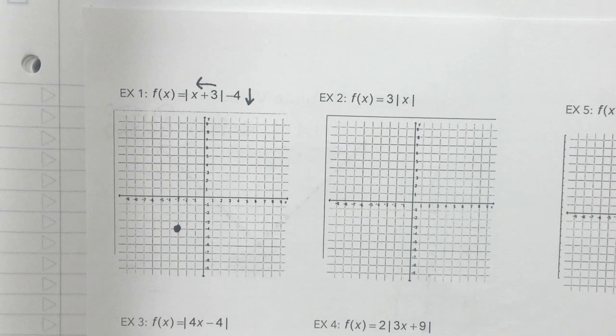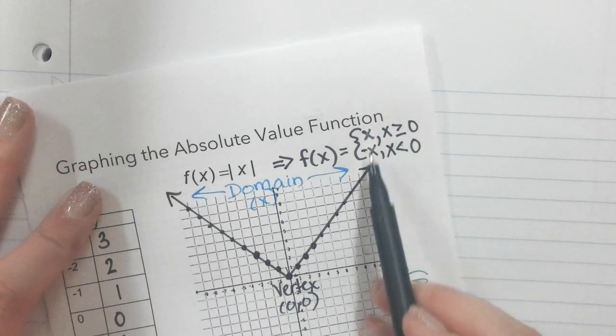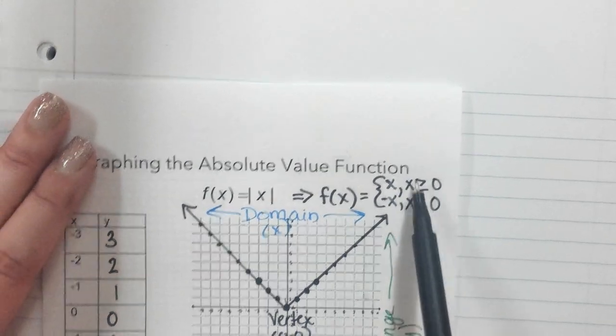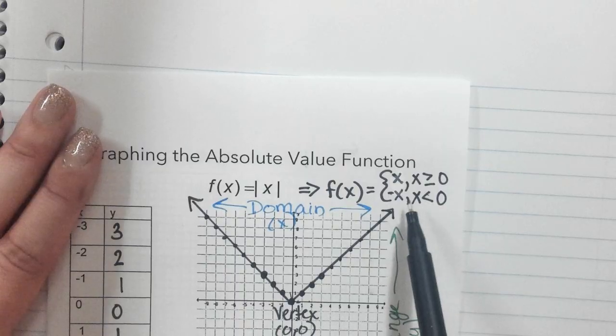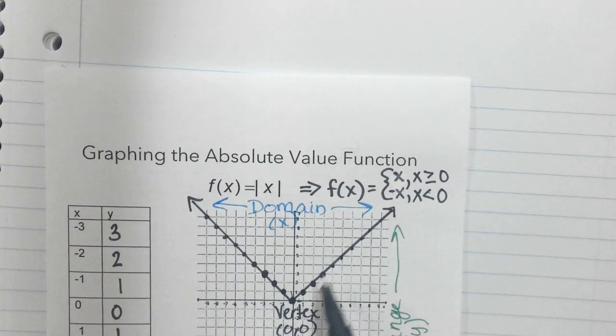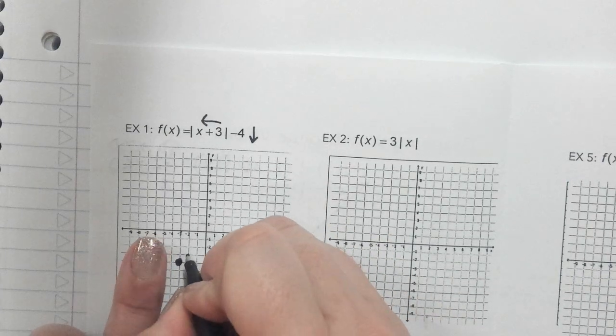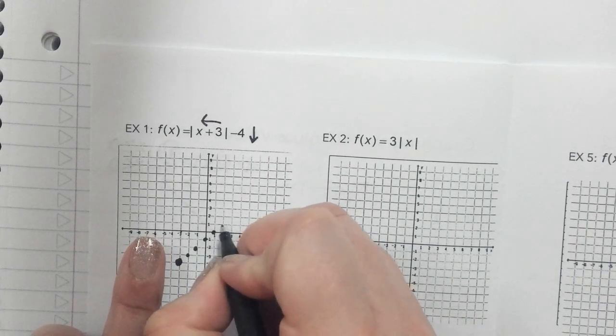Now how do I make the rest of the graph? Well, if I don't have any kind of vertical stretch or compression, I just graph these slopes. But instead of x being greater than or equal to 0, I'm going to do it from the left and right of the vertex. So my slope will be 1 and negative 1. So from here to the right, I graph a slope of 1, up 1, right 1.